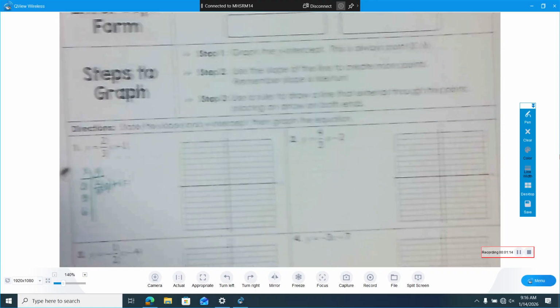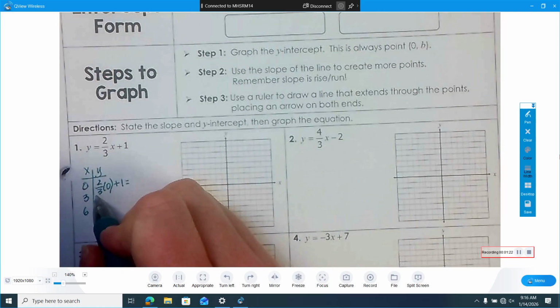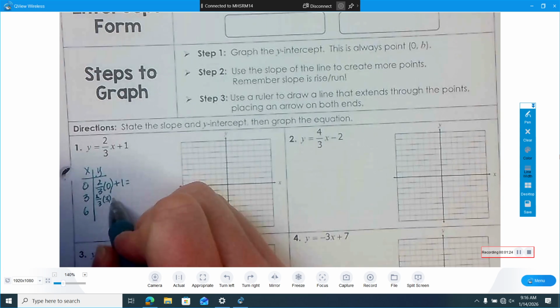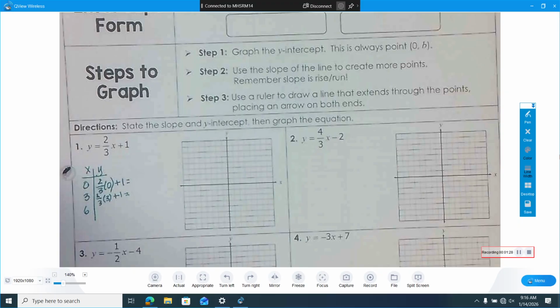You can always do that. Pick numbers for x and plug them in and graph them. So I could do 2/3 times 3 plus 1, and what does that equal? And then 2/3 times 6 plus 1, and what does that equal? And then I could graph those ordered pairs. So that's what we were doing before to graph, and we could always do that.